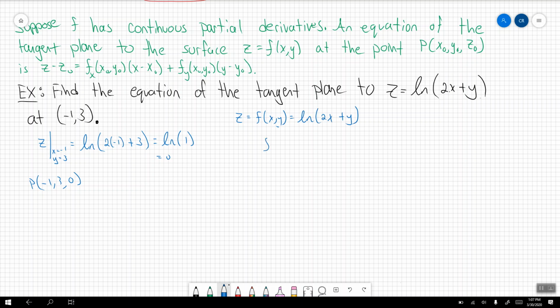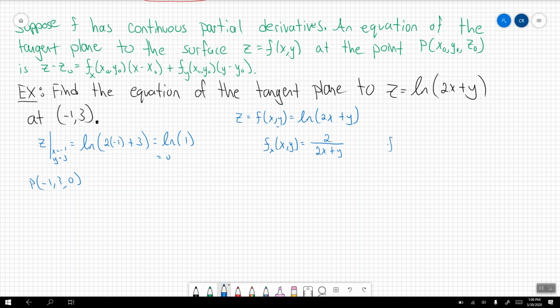There we go. Now when I look at the partial derivative with respect to x, we take the derivative of the natural log. The derivative of the natural log is 1 over its argument, but chain rule says that we take the derivative of the inside with respect to x. That means that we're going to get 2 divided by 2x plus y.